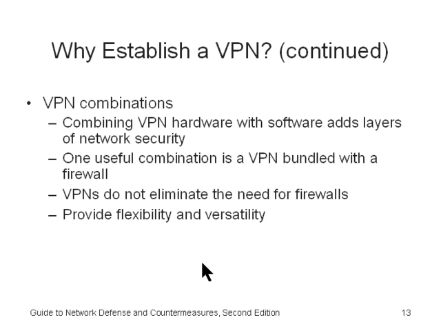One useful combination is a VPN bundled with a firewall, and of course you'll always want a firewall. VPNs do not eliminate the need for firewalls, because firewalls are at the boundaries and they allow us to determine what types of packets get in and what types get out, and VPNs don't offer that capability.